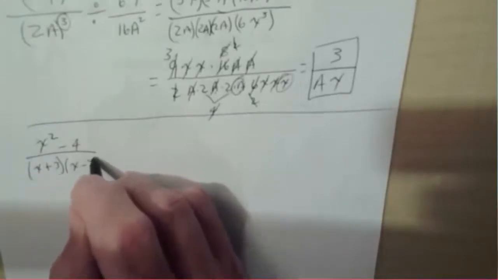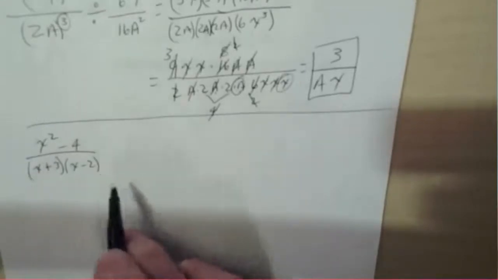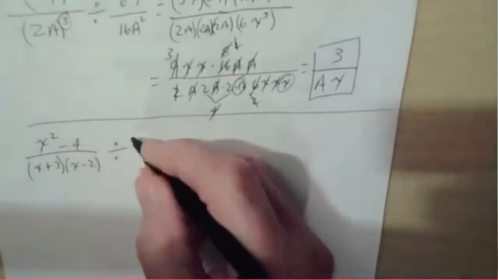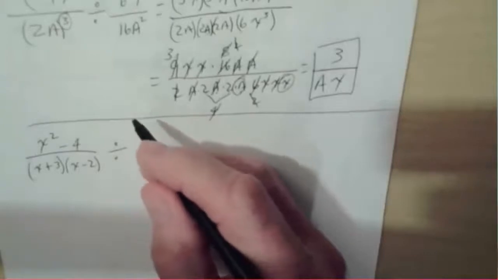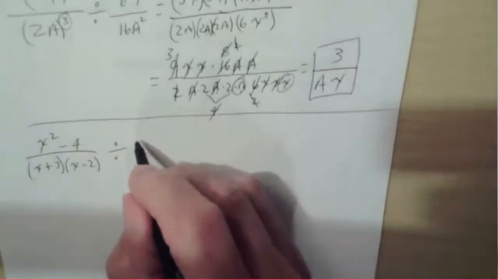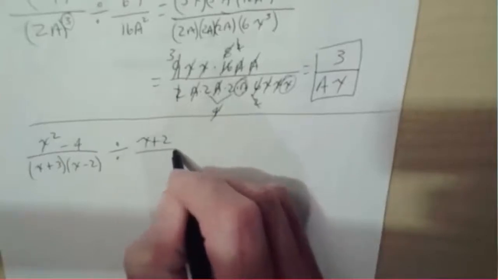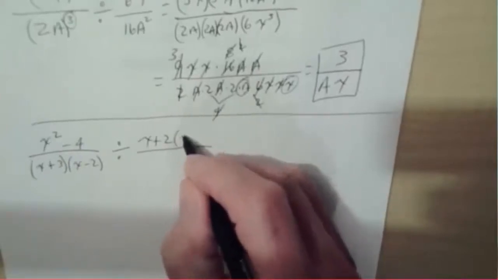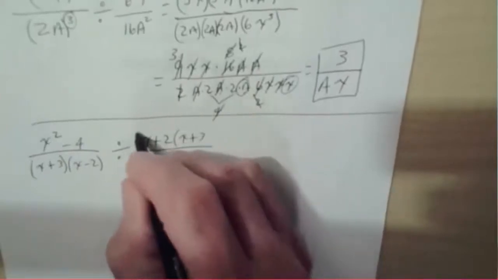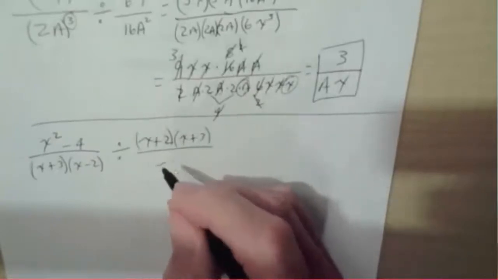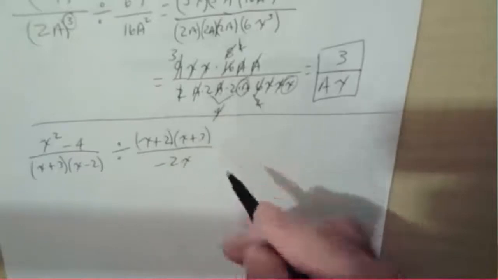I'm surprised they didn't make you factor that, but who knows what goes through their brains. And we have x plus 2 times x plus 3 over negative 2x. Now again, how do we divide fractions?